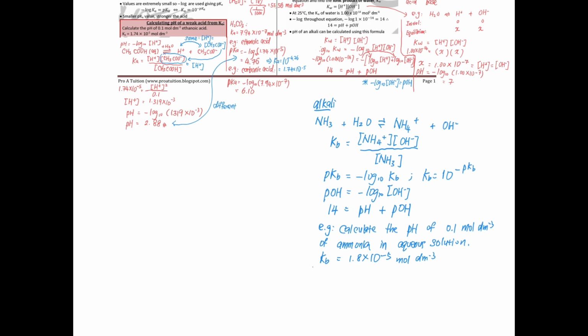Okay, this is the question, and we find pOH: negative log base 10 of the concentration of hydroxide, and we don't know the concentration of hydroxide at this moment. Same as just now, where we didn't know the concentration of H plus at the beginning, so we write down the equation and work out the Kb, the Ka for that case. Now we work out the Kb.